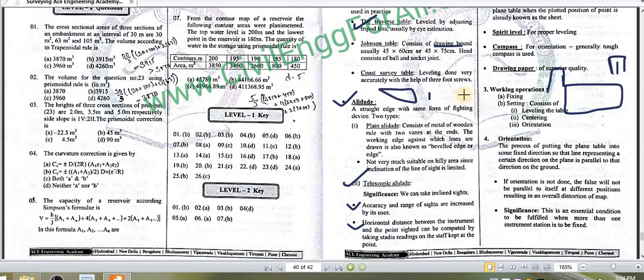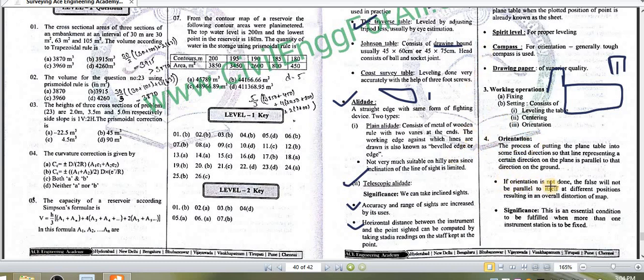So for that you need to maintain a certain direction. For that you require a trough compass. At every point you need to maintain that orientation, because if you are not maintaining that orientation, you will not get your proper drawing. So orientation is very much necessary, and for that your trough compass is generally provided.